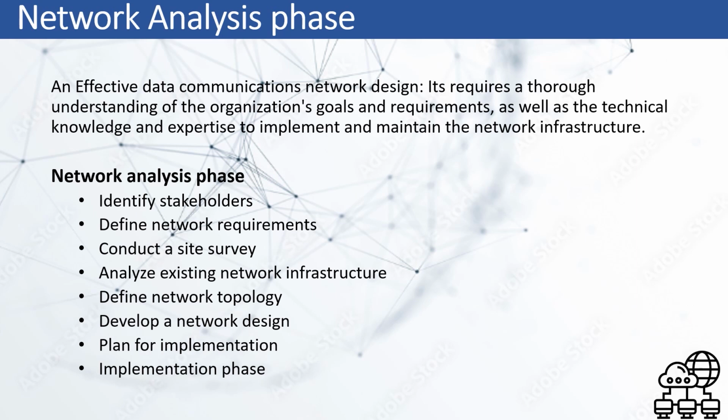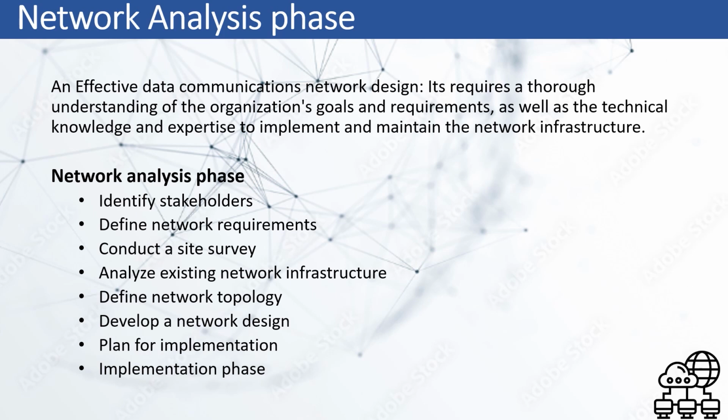And then fourth, analyze existing network infrastructure. If the organization already has an existing network infrastructure, it is important to analyze it to determine its strengths and weaknesses. This can help identify the areas of improvement in the new network design.